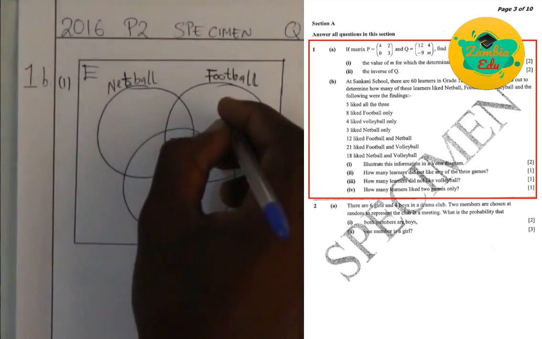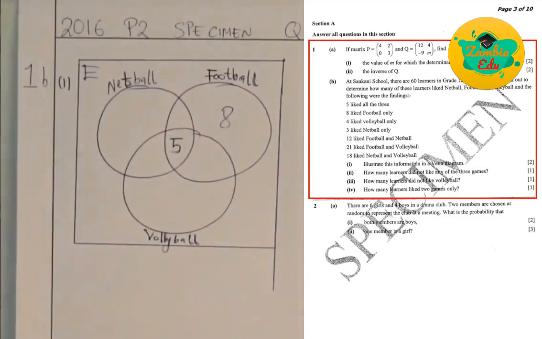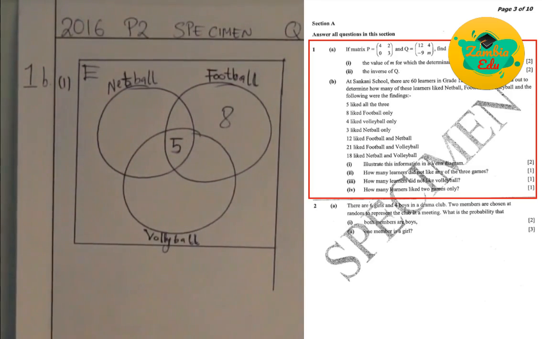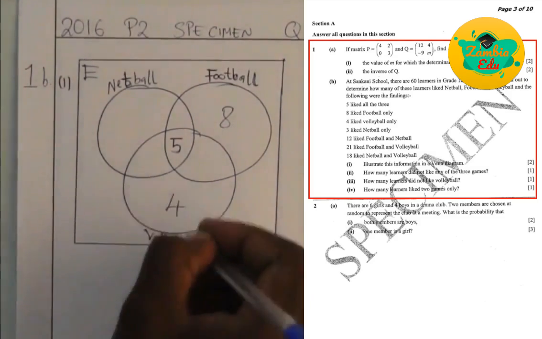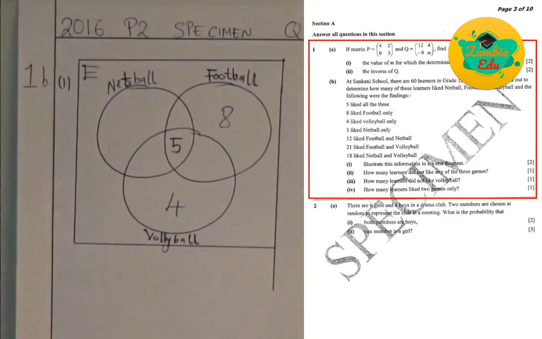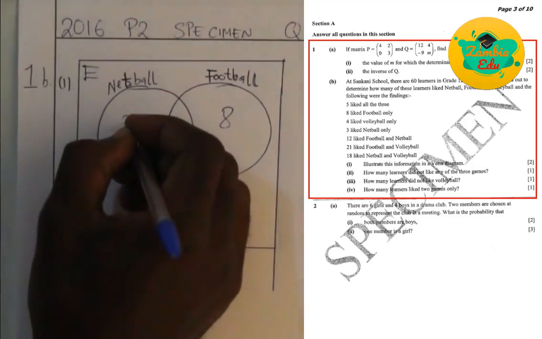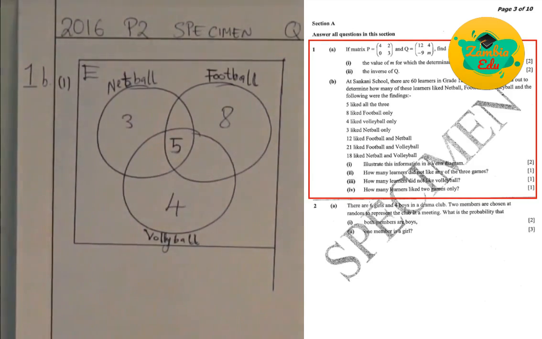So 8 for football only goes there. The second thing is 4 liked volleyball only. So you put your 4 there for volleyball only. And they said 3 liked netball only. You put your 3 under netball only there.